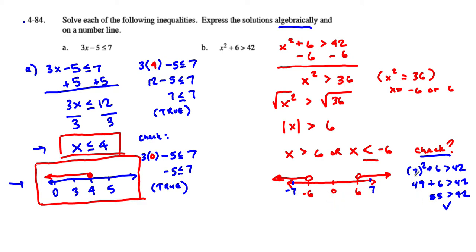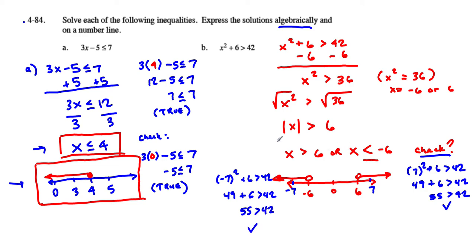Well, if we put in -7, we know that we're going to end up with the same thing on this side, because -7 squared, we'll still do it anyway, just to make sure everybody understands. That would be 49 plus 6 is greater than 42. That would also be 55 is greater than 42, which is true.